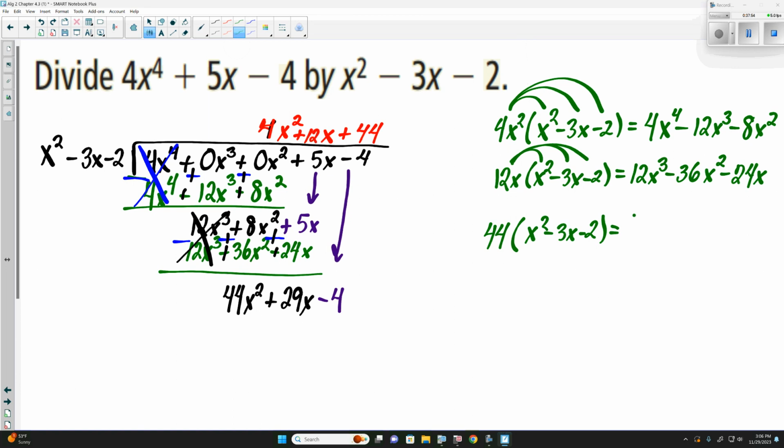If we do this here, we get 44 times x squared is 44x squared. 44 times negative 3x is negative 132x. And 44 times negative 2 is negative 88. And we can put this underneath this here. So we have 44x squared minus 132x minus 88.